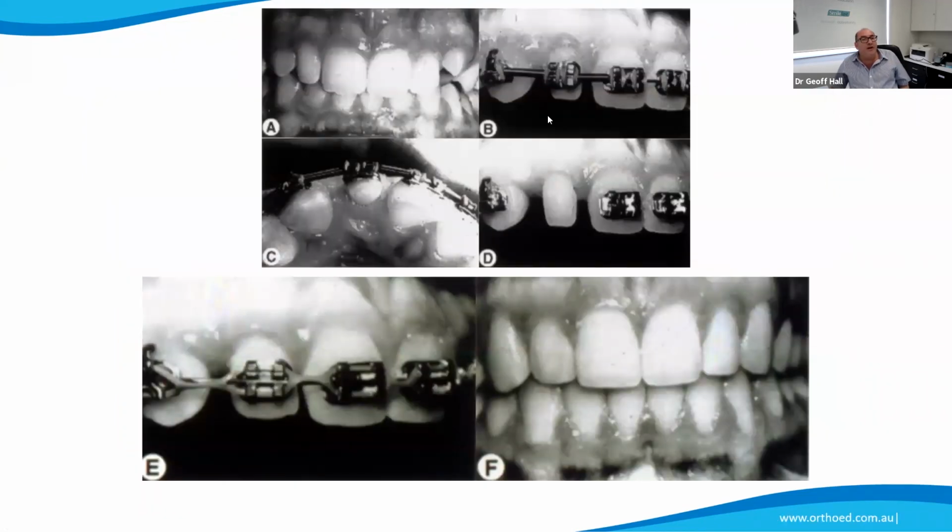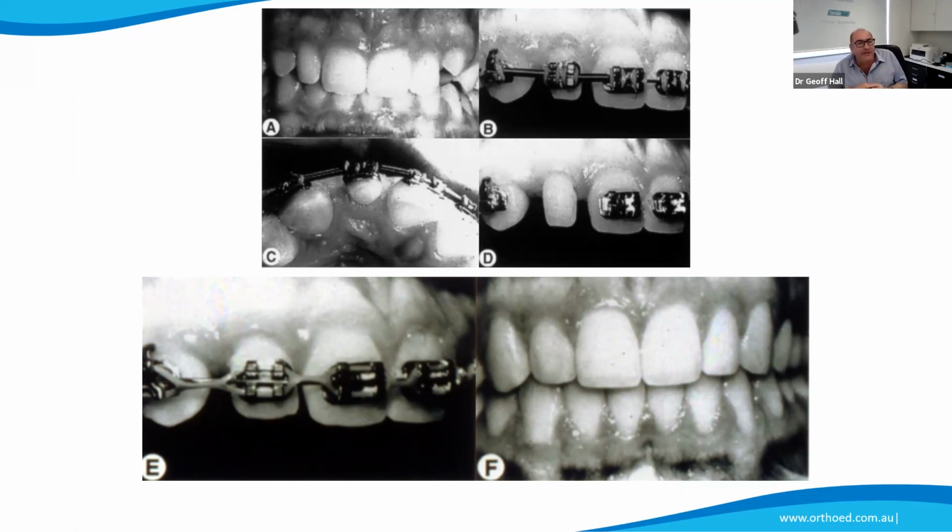So Vince Kokich, this is one of Vince's cases, and this is what he did. He ended up opening the space, 1/3 mesial, 2/3 distal. And then he built the tooth up and we closed up the space. Now, what's really interesting here is, you've got to remember that there should be a team leader, and the team leader should always be the end person in the chain of treatment.